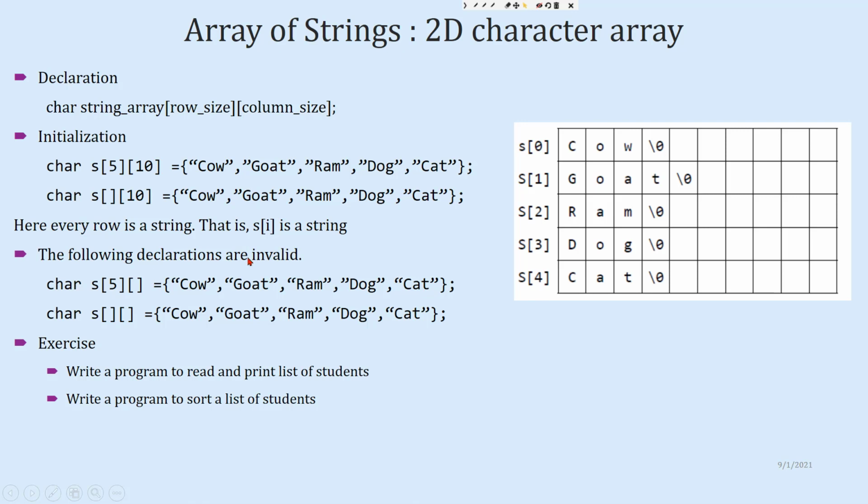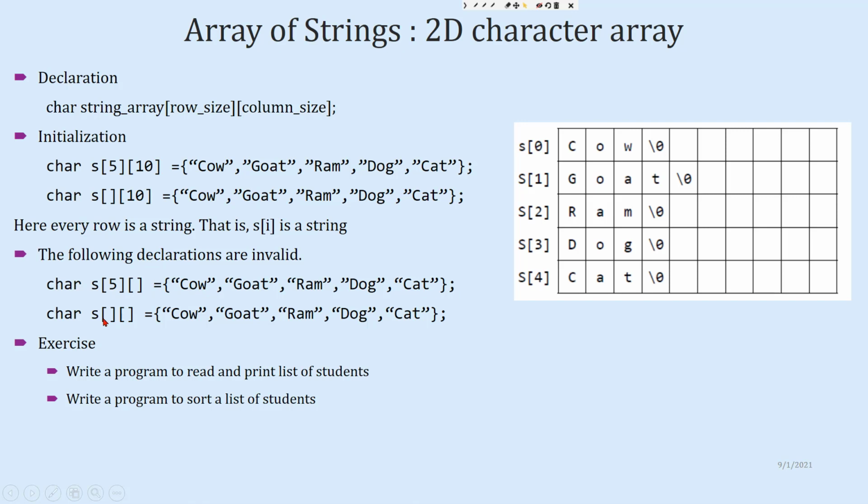The following declarations are invalid. If we specify only the number of rows and don't specify the number of columns, and we try to declare or initialize some strings, it is not valid.